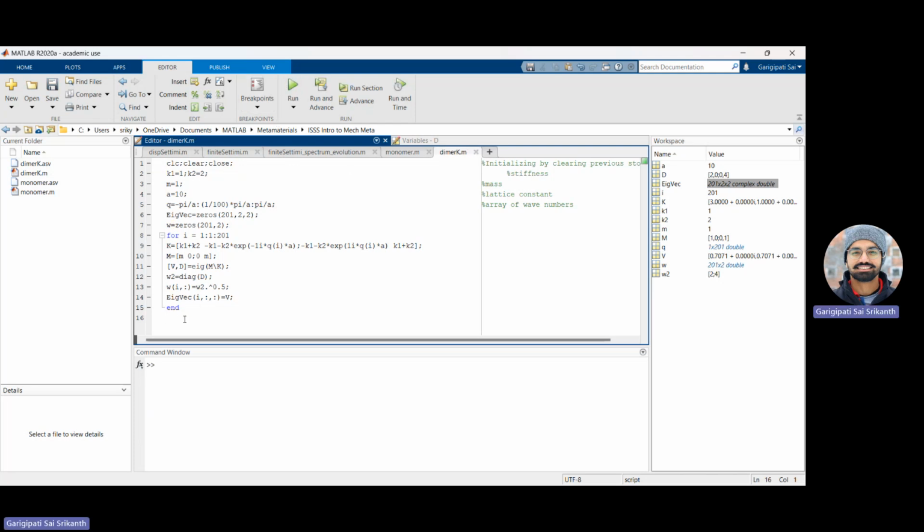Perfect, seems to be working. Now we have to plot q and omega, but q is a row matrix and the dimension won't match. So we'll take omega for all the i's, but for the first mode.